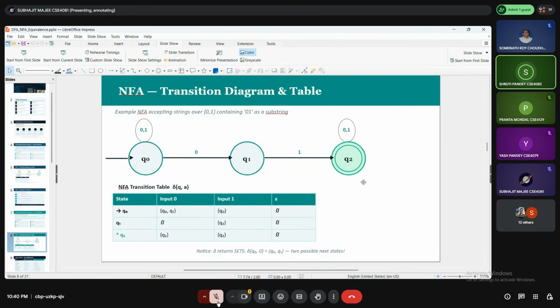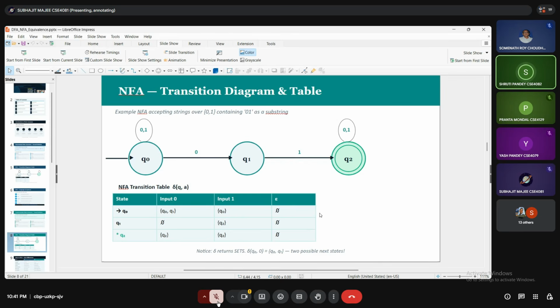Then the NFA transition diagram and table. Here in q0, if there is 0 or 1, it will return to q0, and if there is 0, it will also go to q1. And in q1, if there is 1, it will go to q2. Then we have the table. For state q0, on input 0 it will give q0 and q1; on input 1 it will give q0; epsilon will be null.